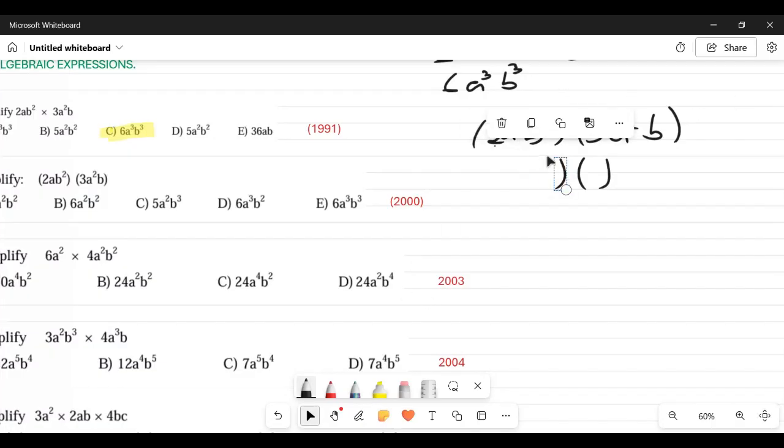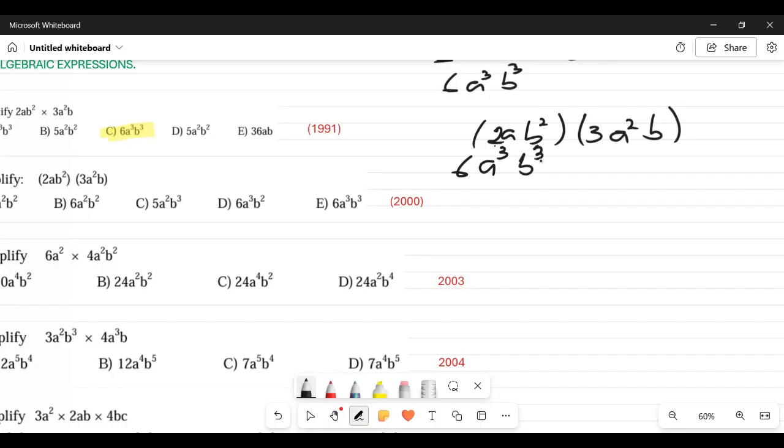All right, so let's do it right now. Like what we did in the first one, 2 times 3 is going to be 6. So we have 6, and then a times a squared is going to be a cubed. b squared times b is going to be b cubed.